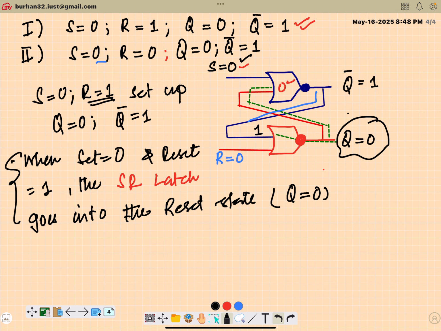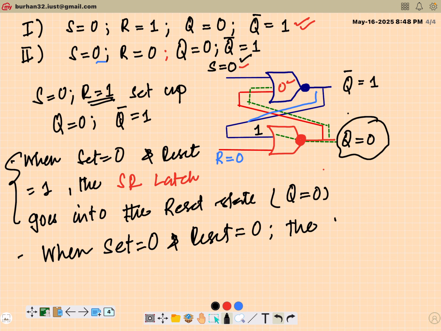There are two things: how you achieve a particular state, and second, how you maintain that state. So by putting R equivalent to 1 in this circuit, I have attained the reset state where Q is equivalent to 0. And then later on, once I have achieved this state, when I put set equivalent to 0 and reset equivalent to 0, this reset state is maintained.